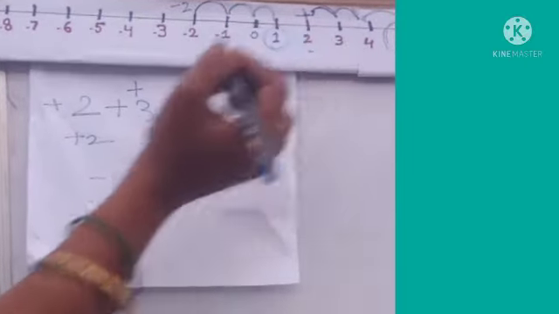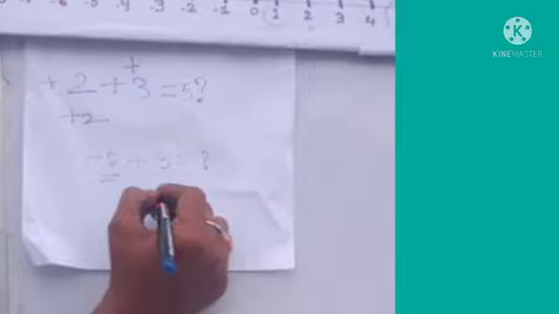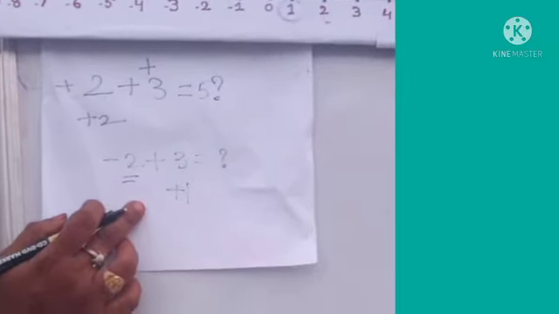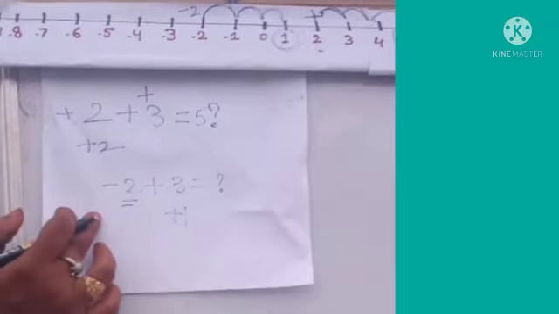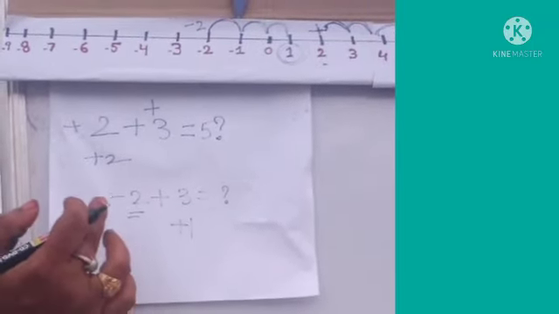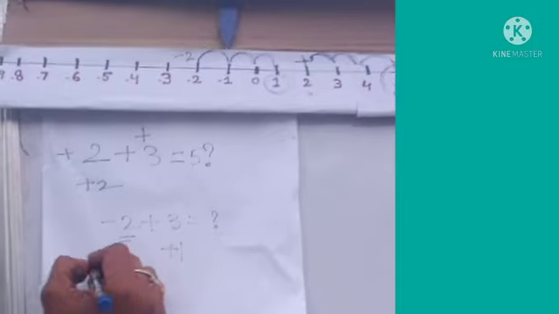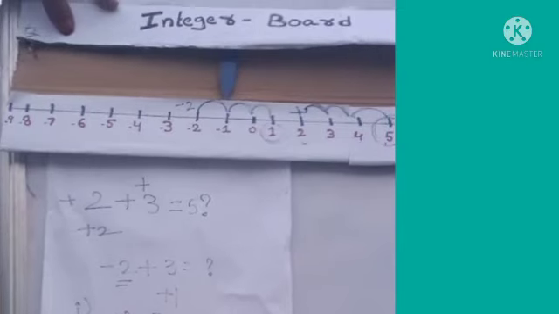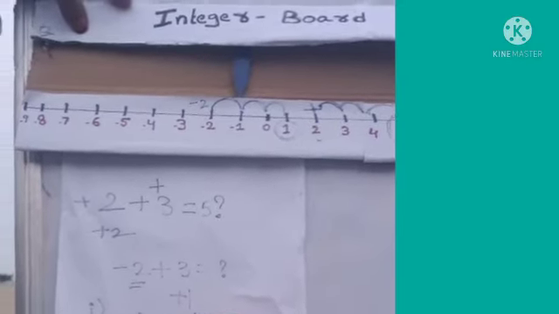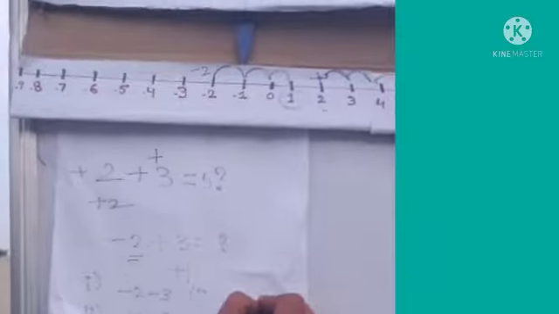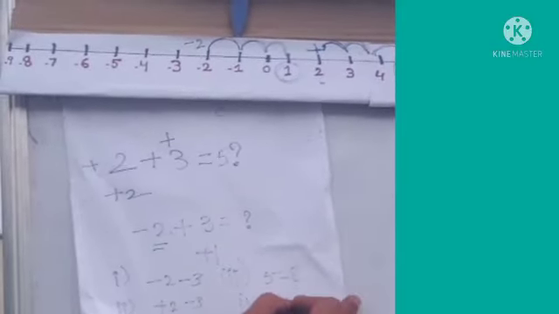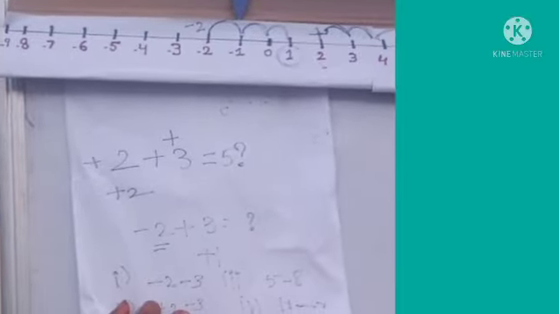The result is plus 1. So students, I will give some more tasks you can do in this project. One is minus 2 minus 3, second is plus 2 minus 3, third one is 5 minus 8, and fourth one is 10 minus 2. Okay, thank you.